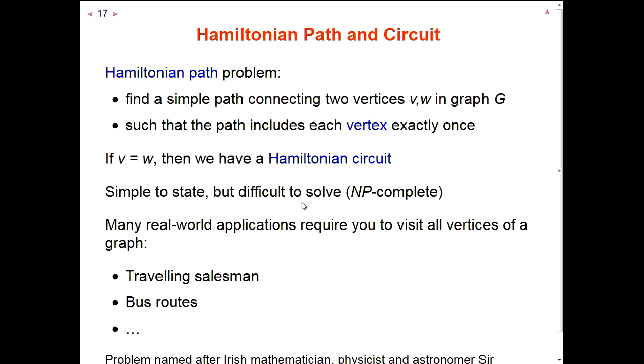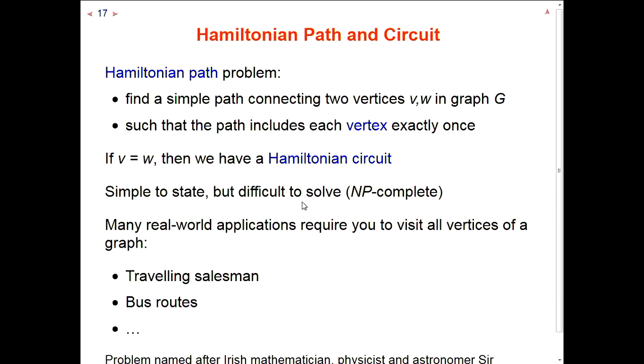Now, what's quite interesting about this problem is that it is nice and easy to state, but it is difficult to solve. Is there any question? So it's a bit like the subset sum problem that we looked at. This question to find a Hamiltonian path is also known as one of the hardest problems, so-called NP-complete problems.